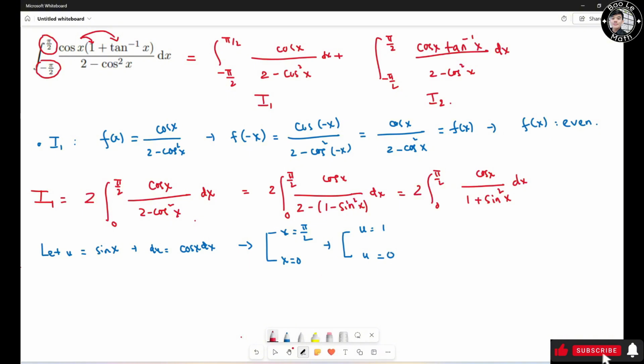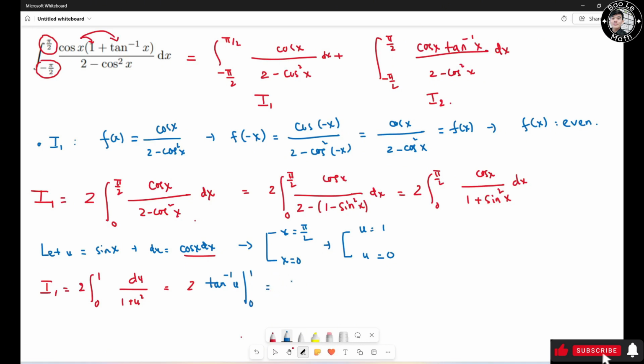So I1 becomes 2 times the integral from 0 to 1 of du over (1 plus u squared), where cosine s ds becomes du. The antiderivative of that is inverse tangent of u, so it's 2 times inverse tangent of u evaluated from 0 to 1.